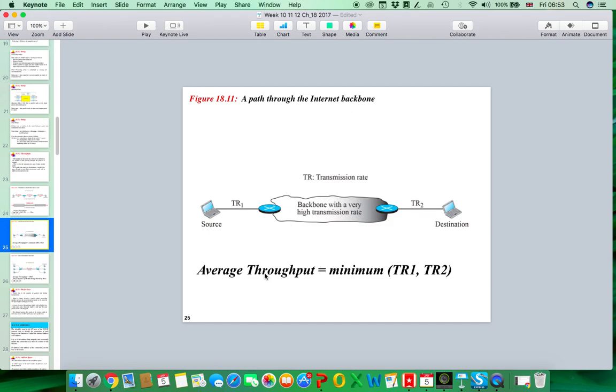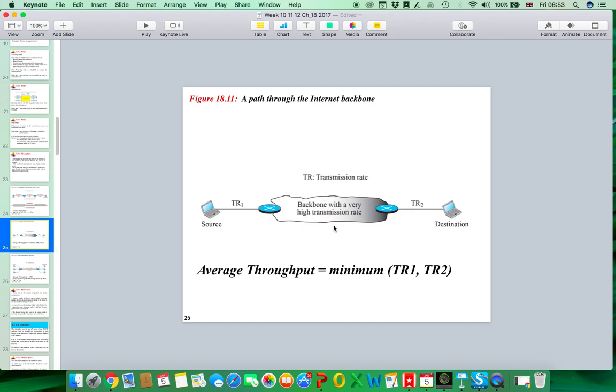Then we have the second case. In this case, you're having throughput 1, you're having throughput 2, and you have these two sides connected using a very high speed backbone network. Okay, it's a very high speed. So the delay in here, you can't ignore it because it's very high speed.